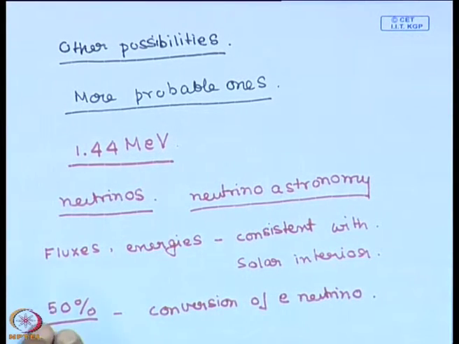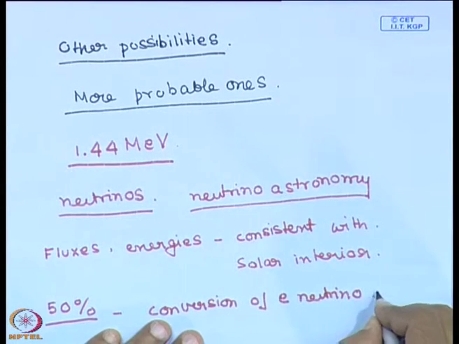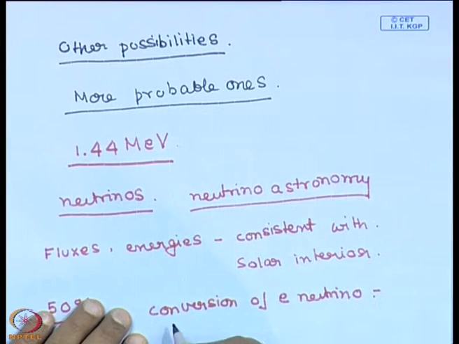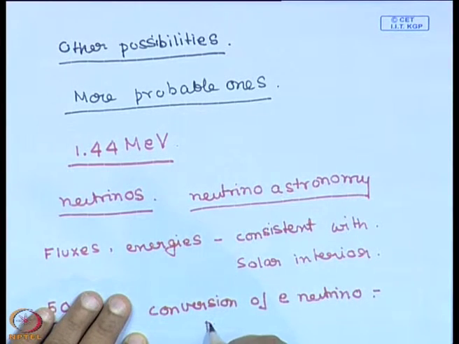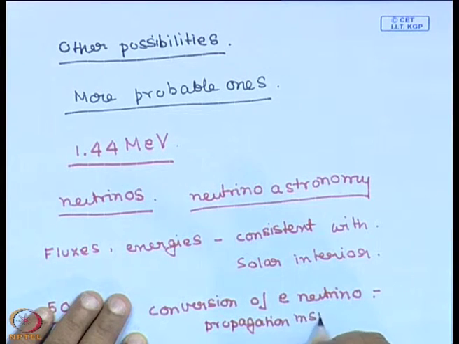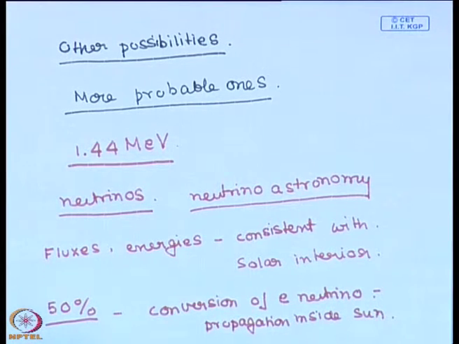So, the 50% deficit is now understood to be because of the conversion of electron neutrinos to other types of neutrinos during their propagation inside the sun. And most of the neutrino detectors are sensitive to the electron neutrinos. So, they were missing out the neutrinos because they were being converted into other types, into the mu or tau neutrino. Okay. So, this is also now understood.